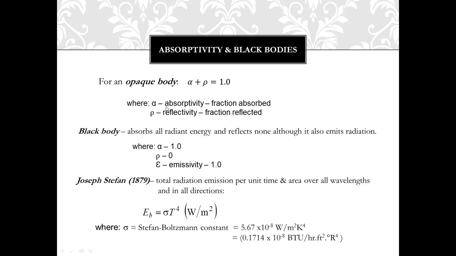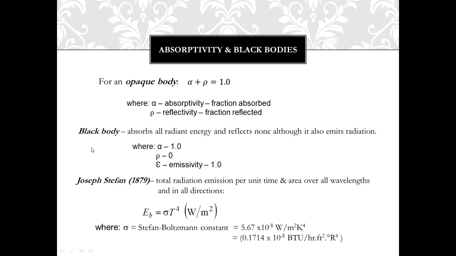As for reflectivity, rho, it's the fraction that is being reflected. The thermal energy that your body is subjected to is absorbed by the body, and part of that is being reflected. The sum of the fractions of absorptivity and reflectivity for an opaque body is equal to 1.